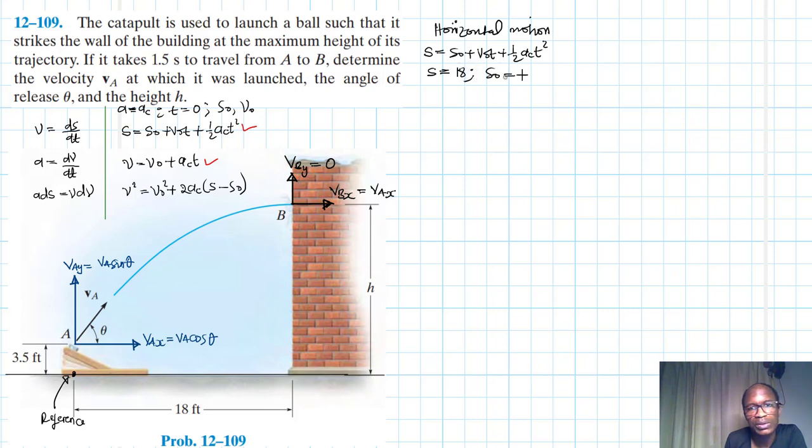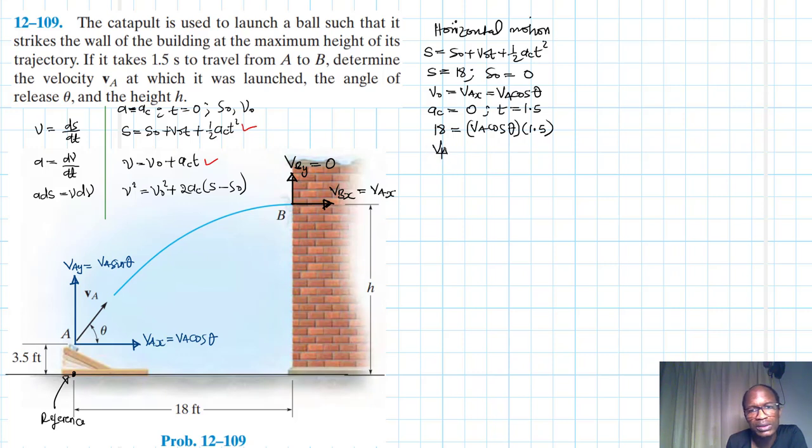Our S naught is equal to 0. Our V naught is equal to VAX, which is just equal to VA cos theta, and our a_c, which is acceleration, is equal to 0. Therefore, this just becomes 18 equal to VA cos theta times time. And time is already given, we said it takes 1.5 seconds. So we can plug in the time there.